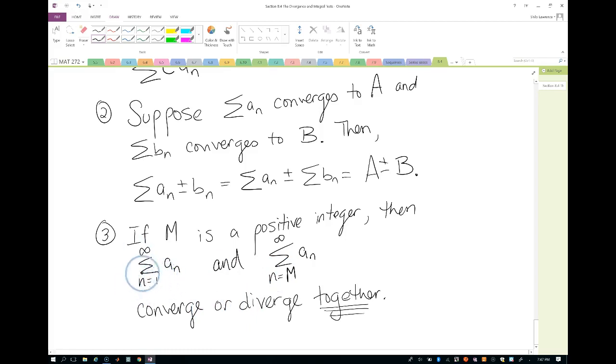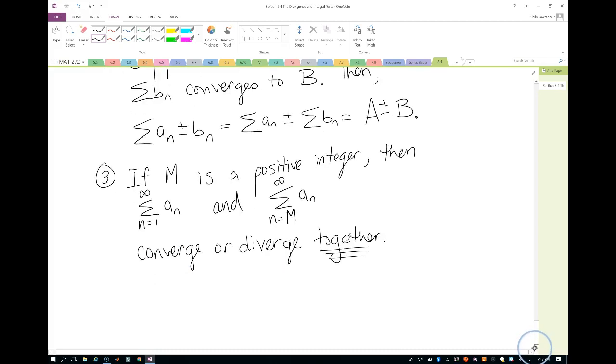So don't let that starting value on the n trip you up. You really can ignore it. The only time it's really important, like we said back in geometric series, if we want to define the exact sum of a geometric series, then that starting value on n will matter. It won't make a difference on whether it converges or diverges, but it will affect the exact sum.